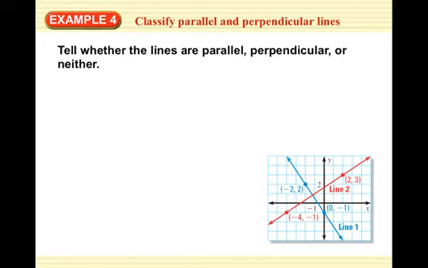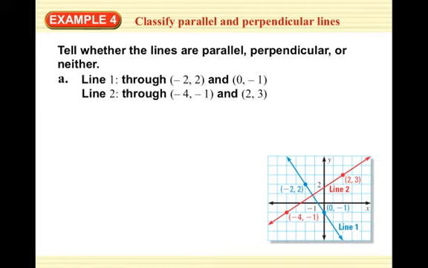Okay, so for example 1, we're going to tell whether the lines are parallel, which means their slopes are equal, perpendicular, the slopes multiply to be negative 1, or neither, anything else. If the slopes are equal to each other, you've got parallel lines. If they multiply to negative 1, you've got perpendicular lines. If anything else is true, then the lines are neither parallel nor perpendicular.